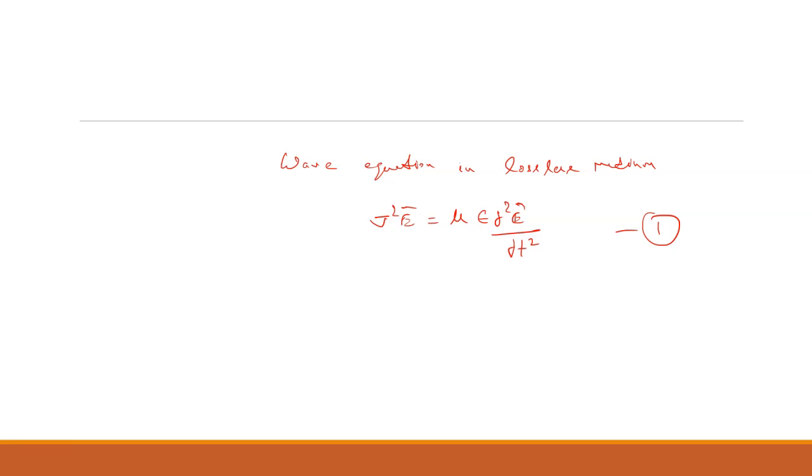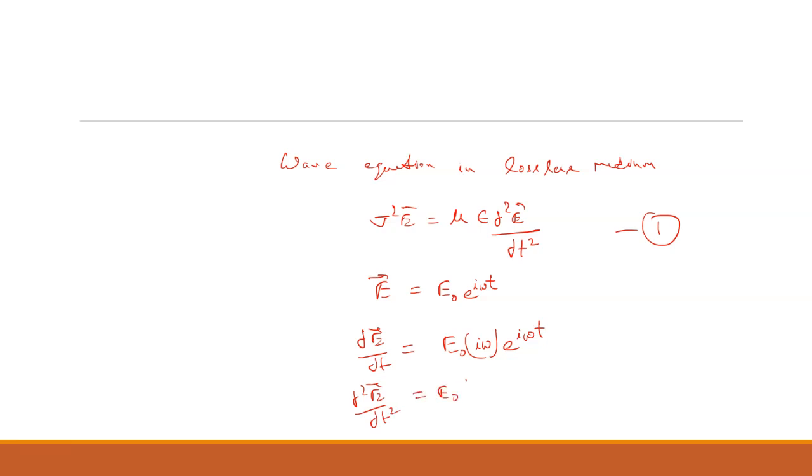Now in phasor form, we have discussed the phasor form and Maxwell equations in phasor form also. That is, E is equal to E naught e raised to power iota omega t. Then what should be dE by dt? That is E naught iota omega e raised to power iota omega t. Or what should be del square E by dt square?